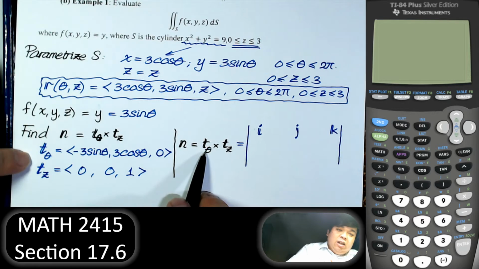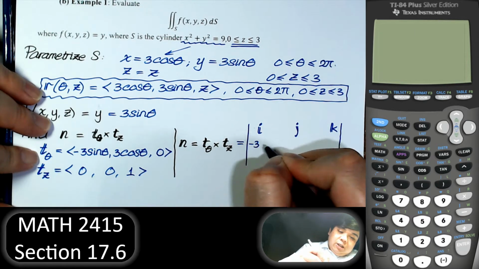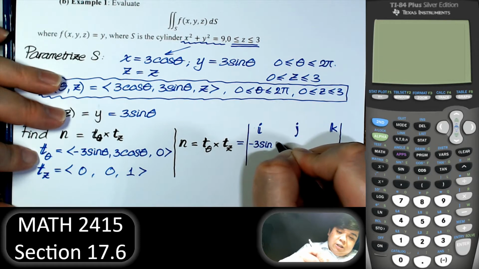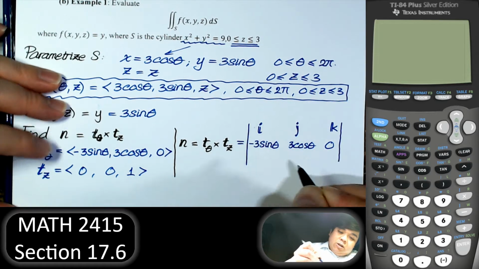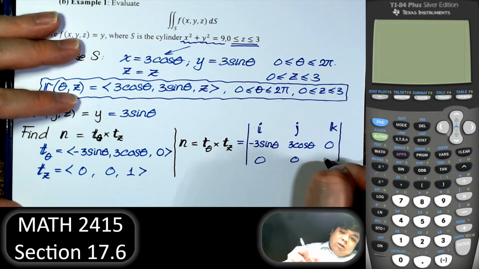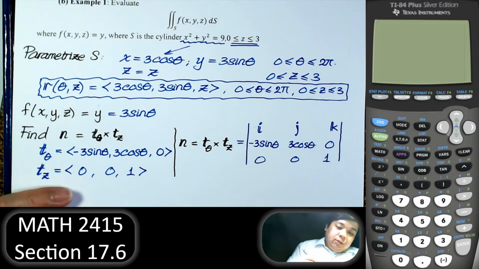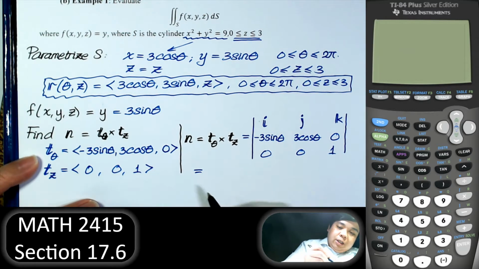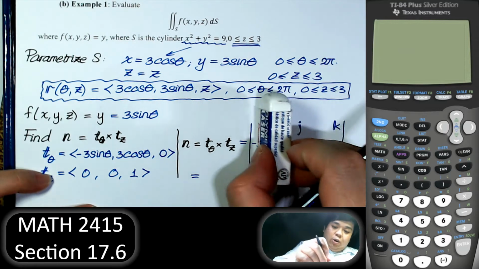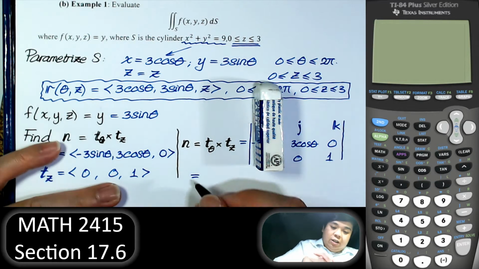T theta is negative 3 sine, 3 cosine, 0, and t z is 0, 0, and 1. Right. So the first component, we cover this, and we have 3 cosine times 1.